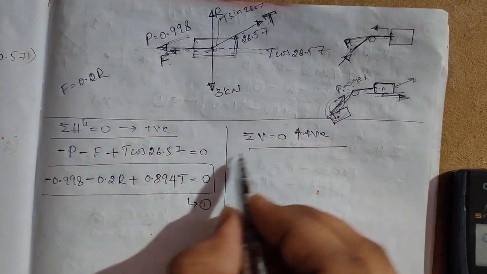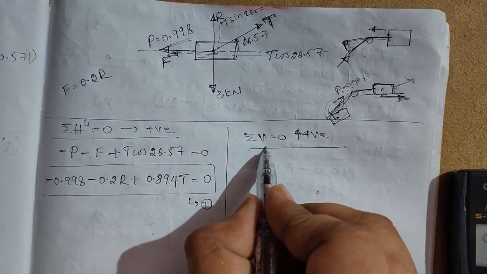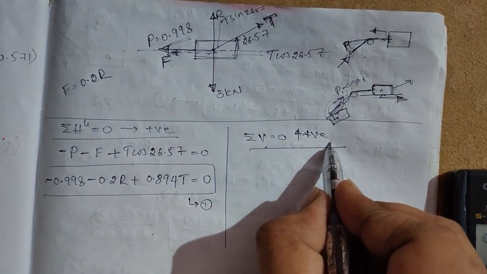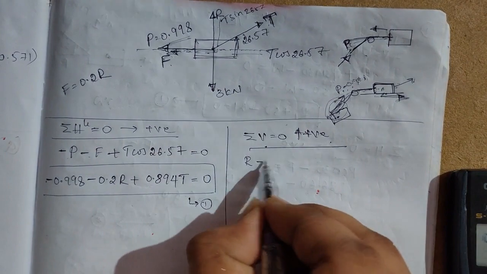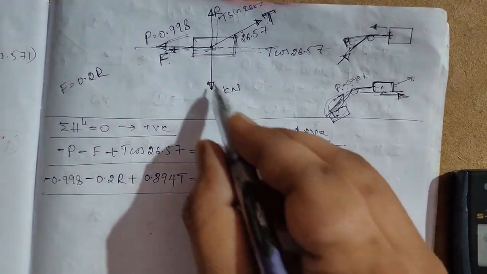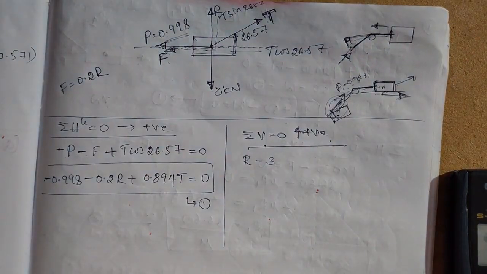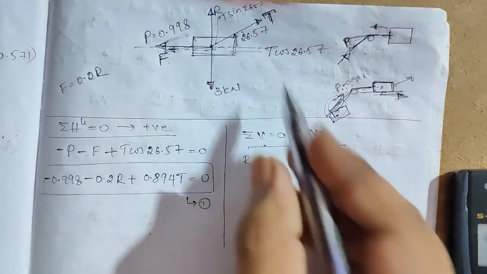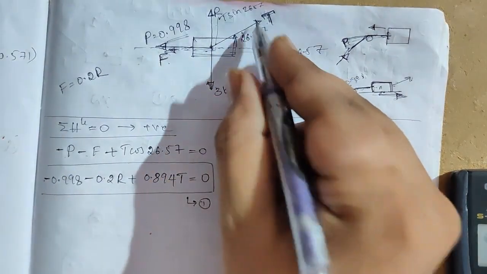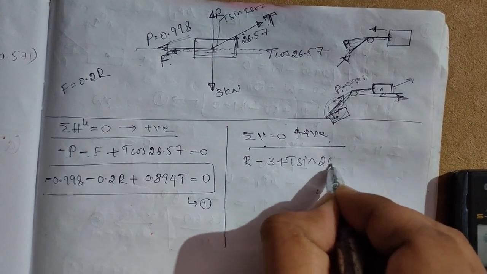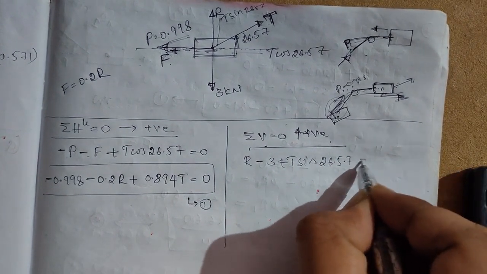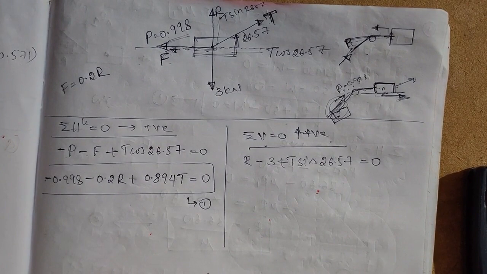Okay, now I'll take summation of all the vertical forces equal to 0, taking upward as positive. So what are the upward forces? R is the upward force, then minus 3, because it is down it is taken as negative, and also T sin 26.57, and the direction is upwards, so plus T sin 26.57 is equal to 0.